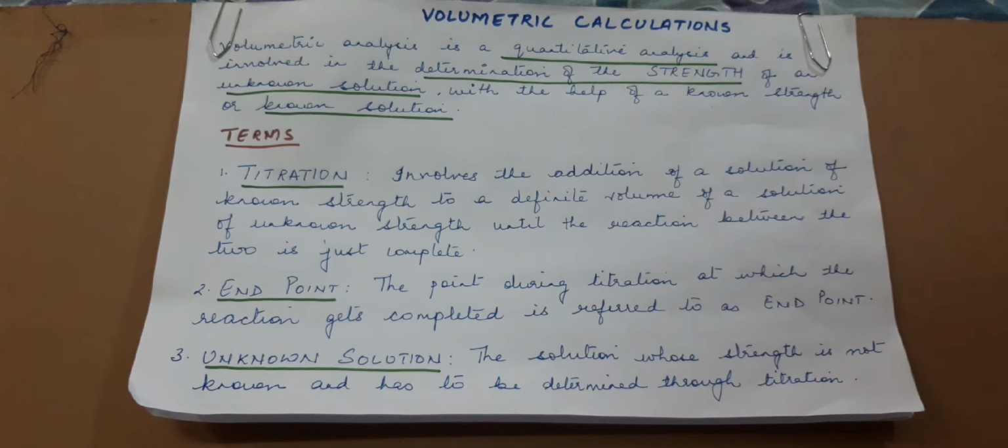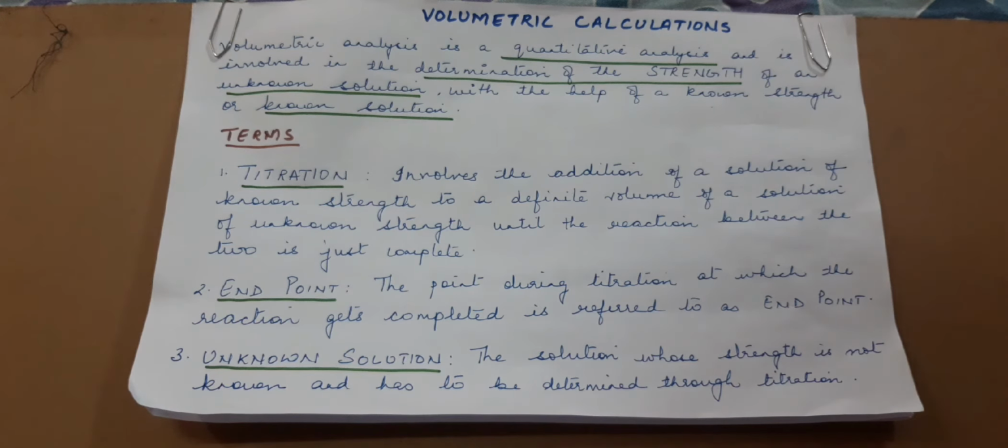That means I have two solutions. I've taken A and B in two different beakers, and I know the strength of A. I know how much solute is present in A, how much solvent was present, what is the composition of that particular solution. And B, solution B, I do not know.